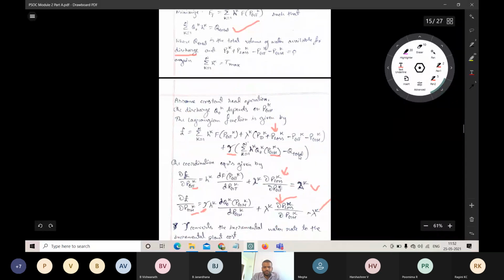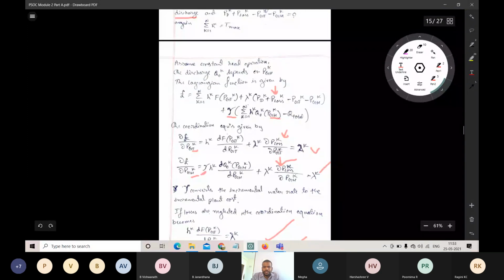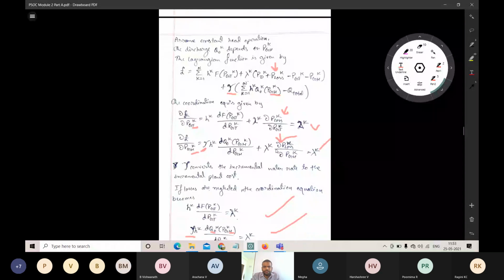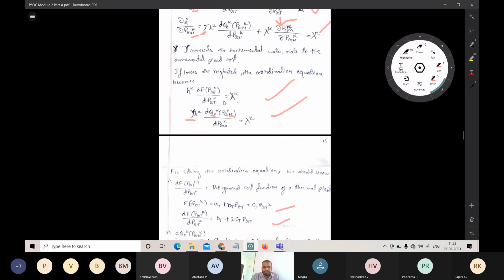By using the same Lagrangian function, we are just substituting the loss factor, demand factor, thermal generation factor, and hydel factor. Just partially differentiate this equation and you will get the lambda value. By using that lambda, we are solving the iterations. These are the lambda factors.